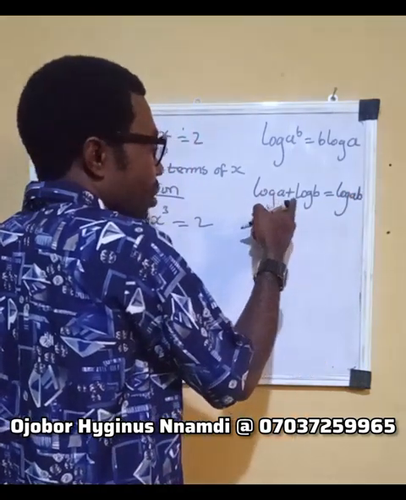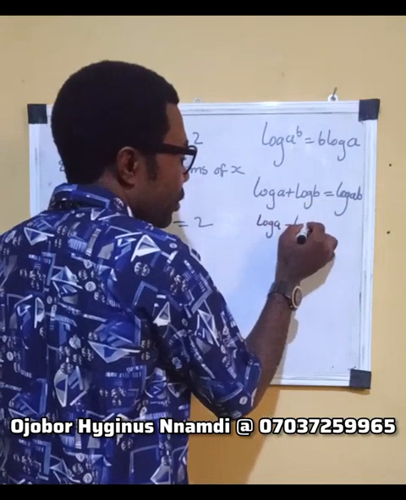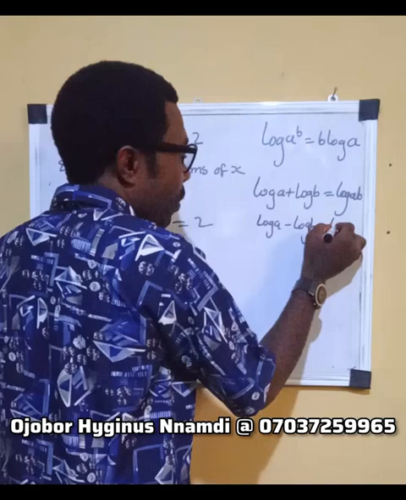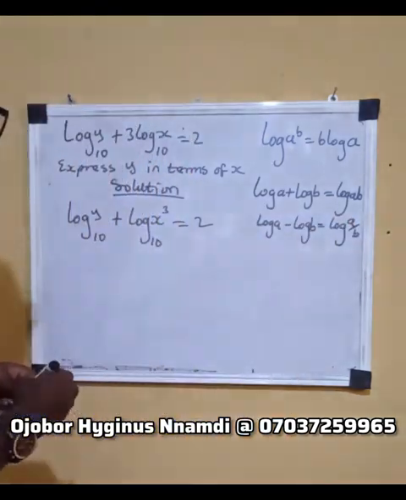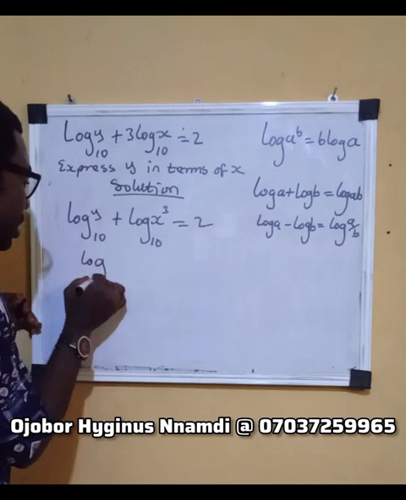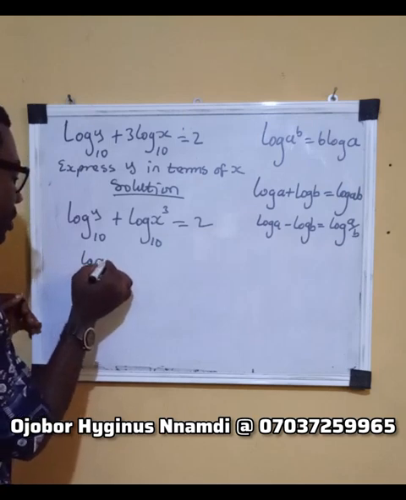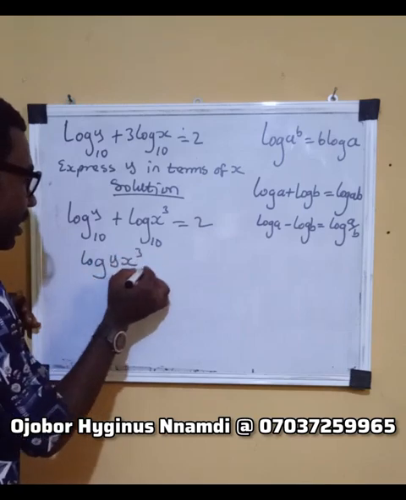So if it is a sum, it becomes a product. But when you have log a minus log b, putting them together is going to be a over b. Following that law, since this is a summation, we find the product, giving them a single logarithm. So this is going to be the log of y x raised to power 3 base 10 is equal to 2.